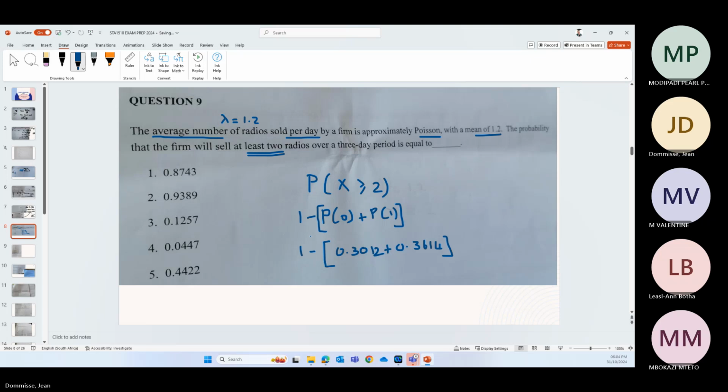It's interesting that none of those two are here, and I don't think it is one of these. Average number of radios. This is interesting. So let's work it out. I don't see one of these as an answer.